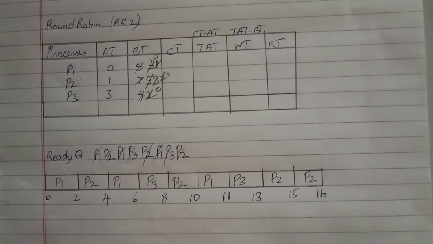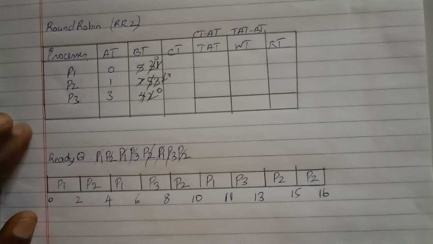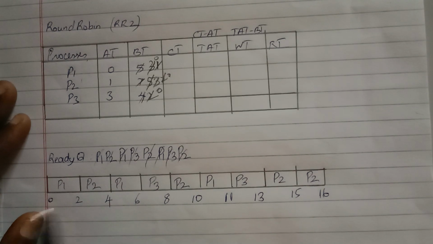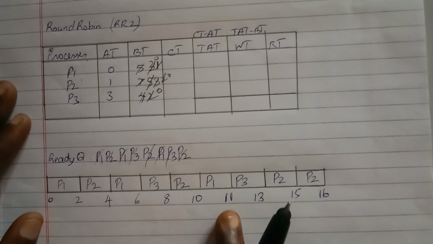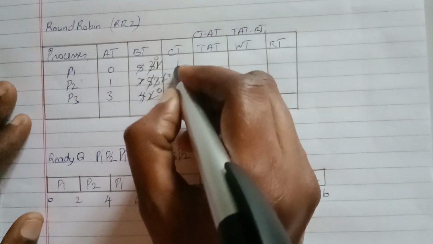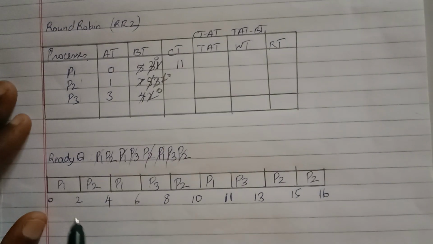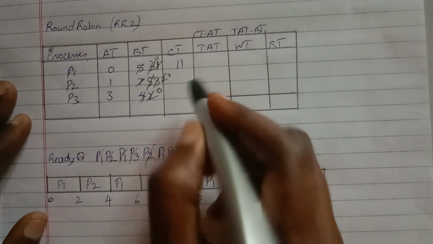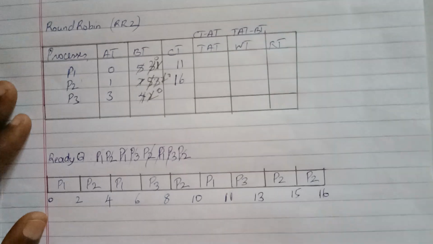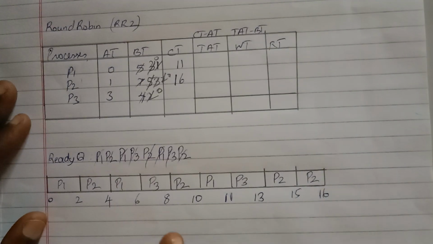So now we can write the completion time. So how will we write the completion time? When we want to write completion time, we have to check each process. See P1 is completed at time 11. So 11 is the completion time for P1. Next P2. P2 is completed in 16. So completion time of P2 is 16. Then completion time of P3.